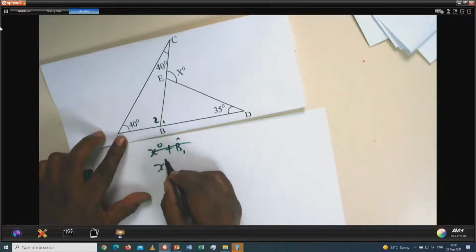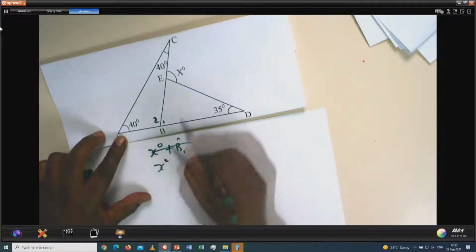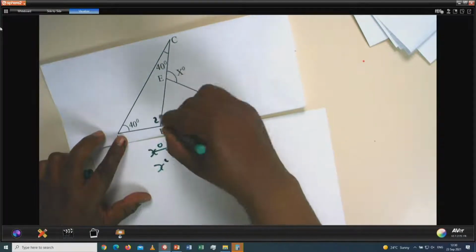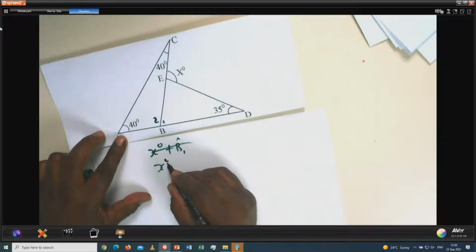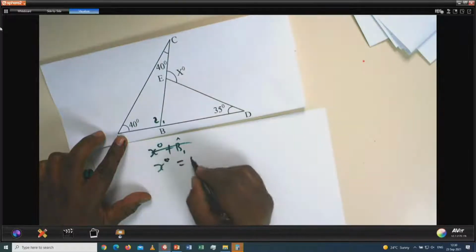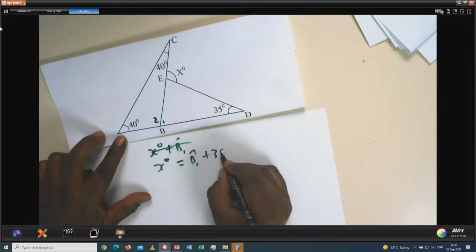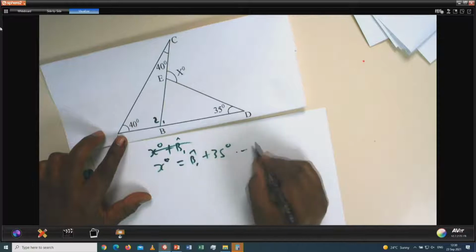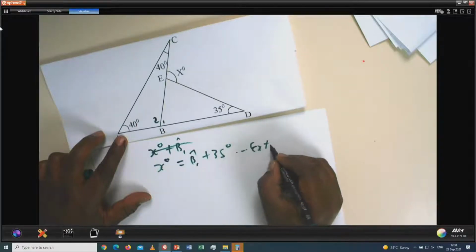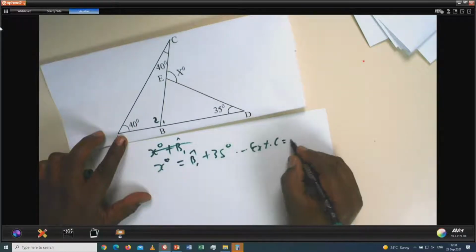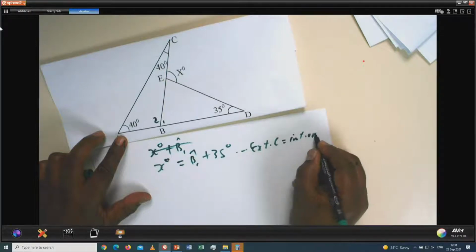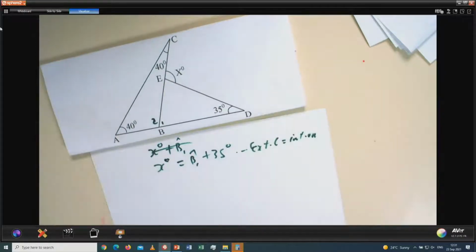X degrees exterior equals B1 plus 35. x degrees equals angle B1 plus 35 degrees. What is the reason? Exterior angle equals the two interior opposite angles. That we know, and there's nothing wrong with that.